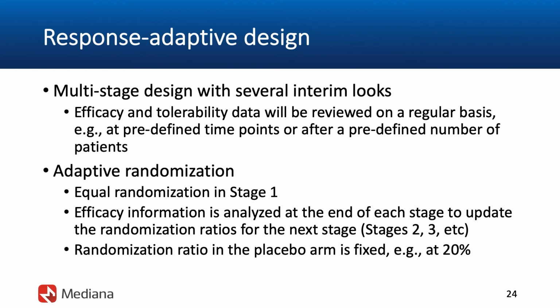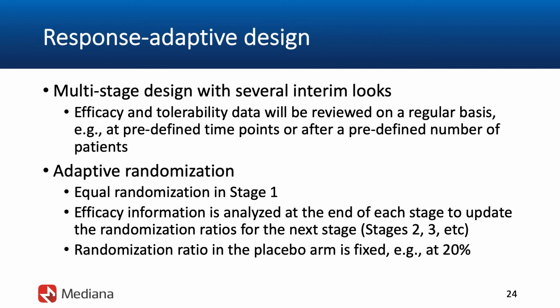Here is some information on the multi-stage design that was employed in the study. Very quickly, this is how response adaptive randomization was implemented in this particular case. And I would say that this general approach is quite consistent with the response adaptive approaches in many other trials of this kind.